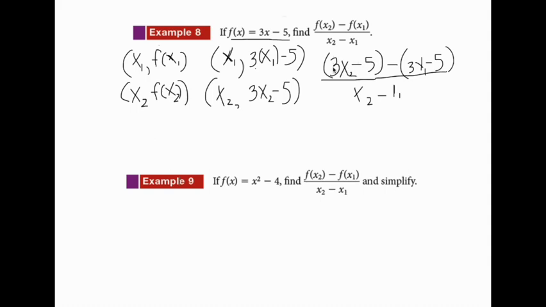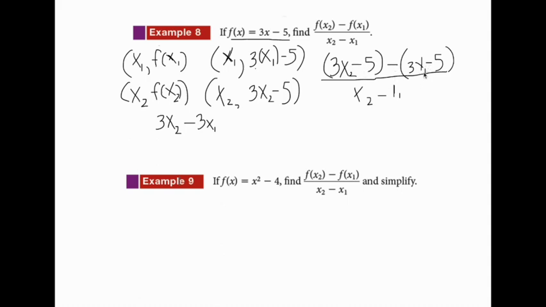So if I take 3x2 minus 3x1, this is what I've got. If I take this -5 and subtract this -5, these two negatives here are a double negative, so it makes it a plus.